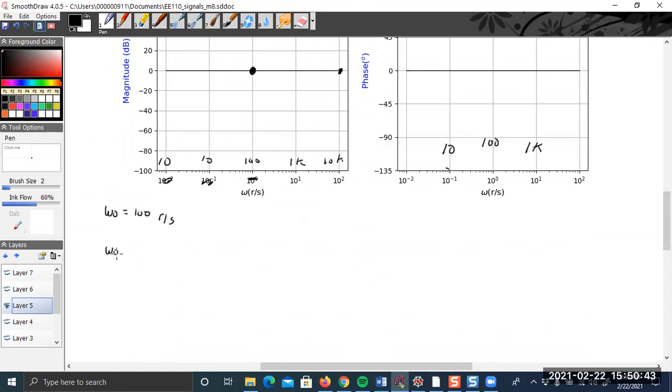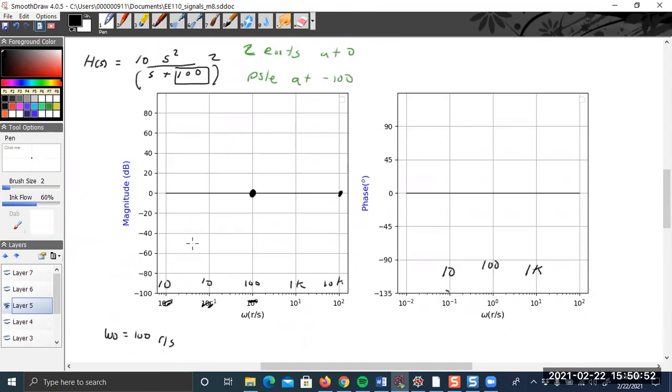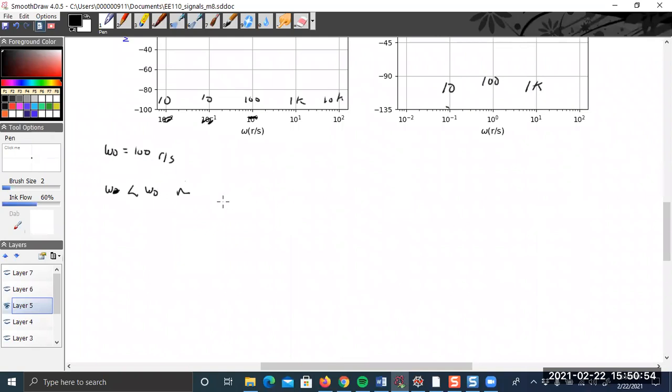What if omega is a lot less than omega naught? Then we have the 10 is there, right?